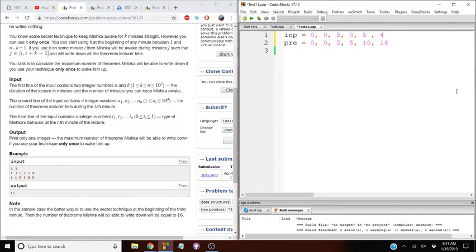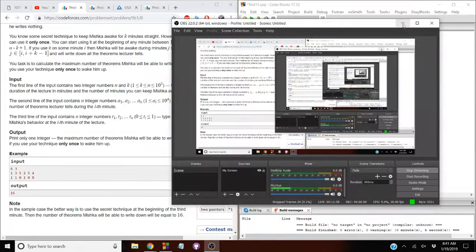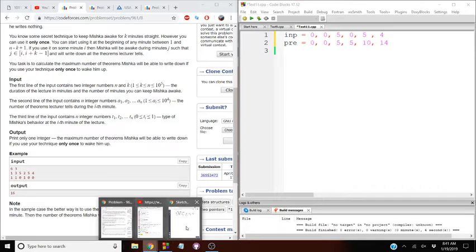Okay, so now we need to find the sum of all ranges of 3. We need to find the sum of this range, the sum of this range, the sum of this range, the sum of this range. We find all the sums of ranges of length k.